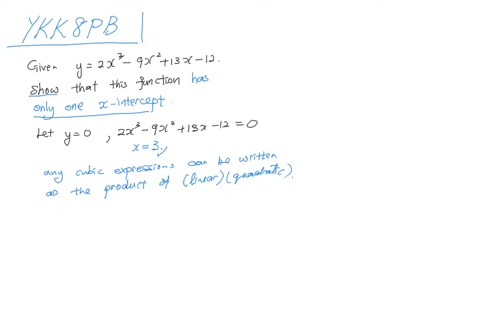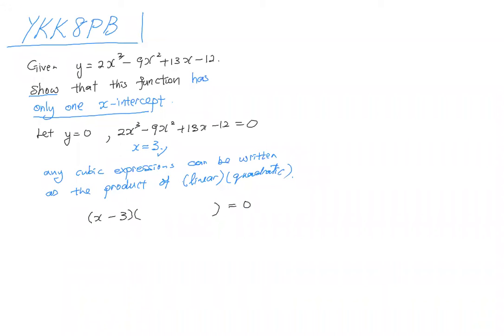X minus 3. Okay, good. Everyone, you understand? Because x minus 3 is one of the factors for this. So that means I can write this as x minus 3, then a quadratic, equal to 0.